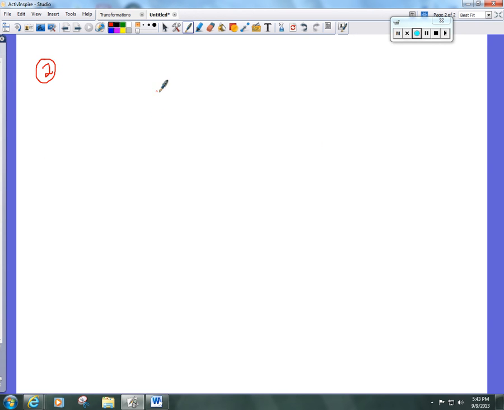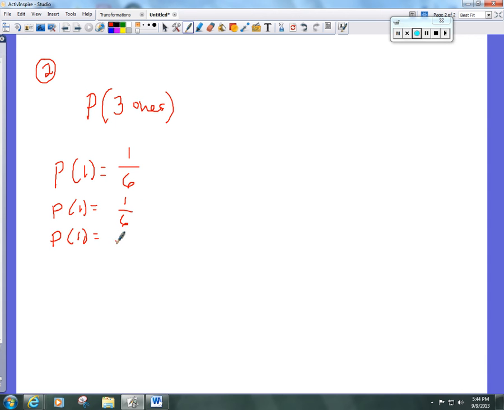I roll 3 dice. What's the probability that I get 3 ones? Again, I want to figure out the probability that I get 3 ones on a regular die. So what's the probability that I get a 1 on the first die, the probability that I get a 1 on the second die, and the probability that I get a 1 on the third die? Well, the probability that I get a 1 on the first die is 1 out of 6. On the second die, 1 out of 6. And again, on the third die, 1 out of 6.